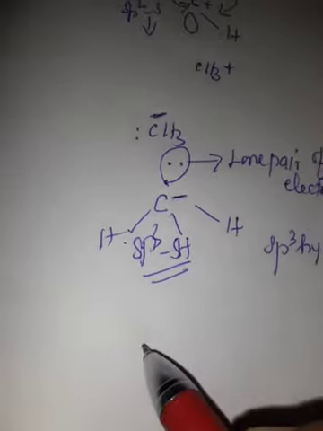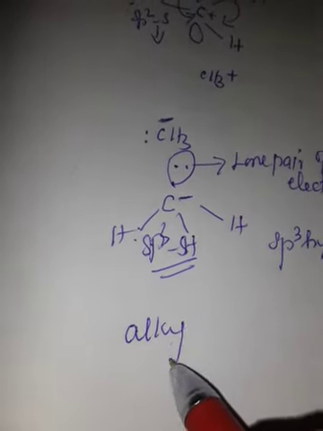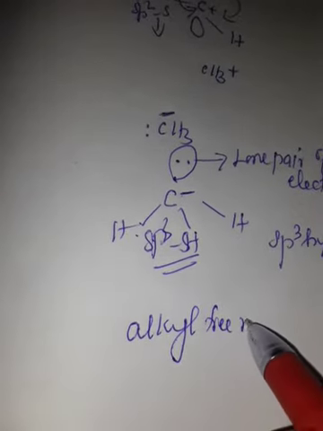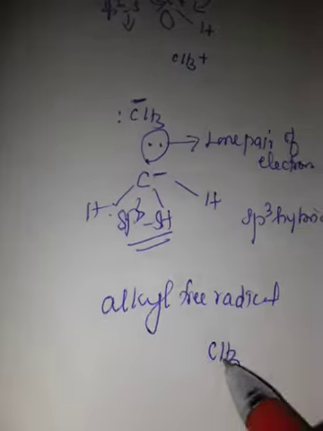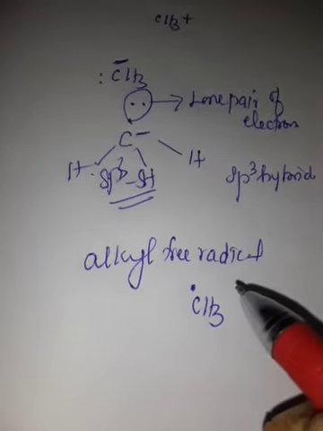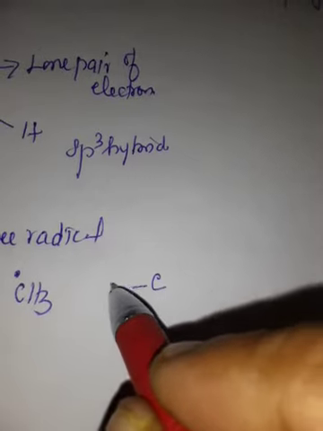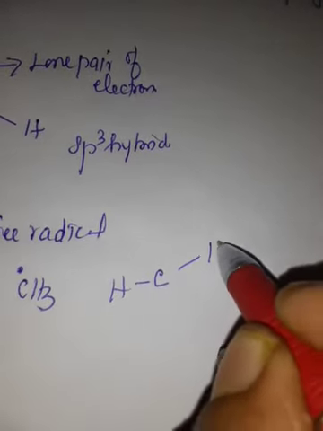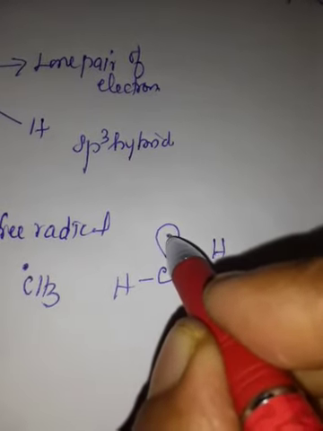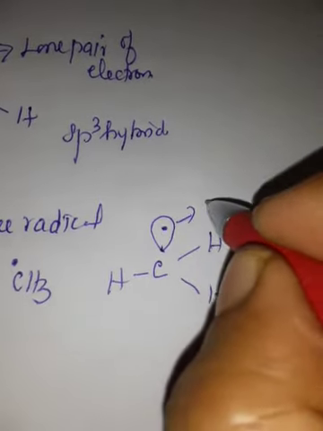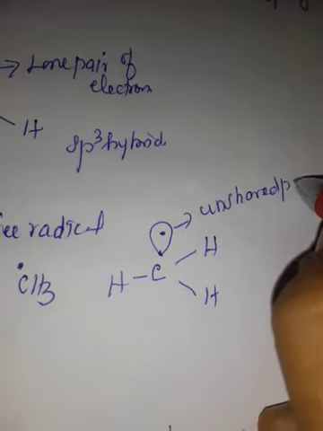Now, if you are taking an alkyl free radical, that is CH3 dot, alkyl free radical. Only one unshared electron in the p orbital.